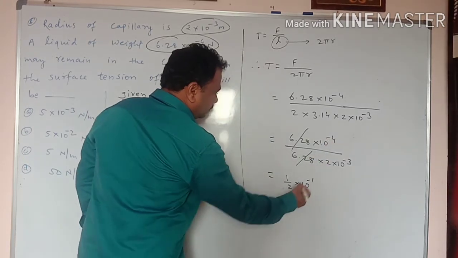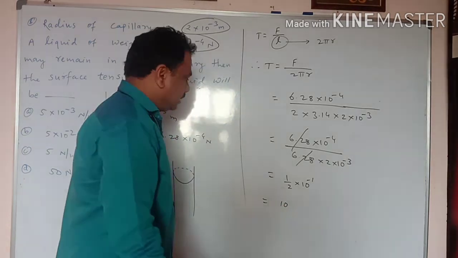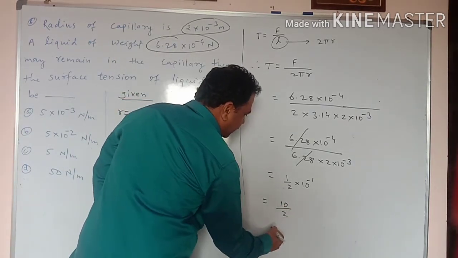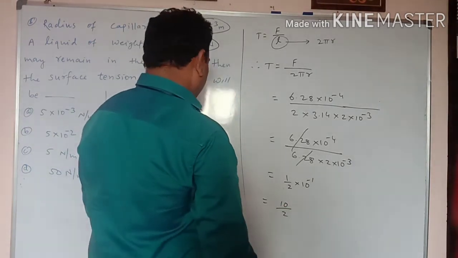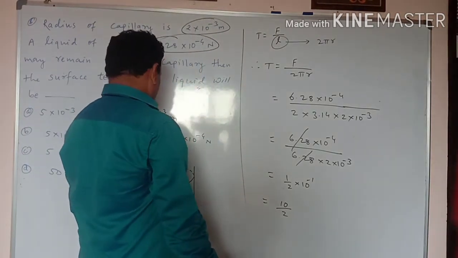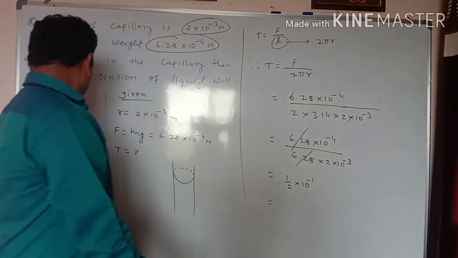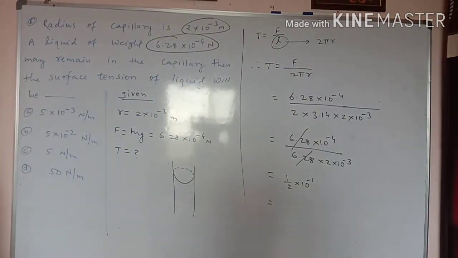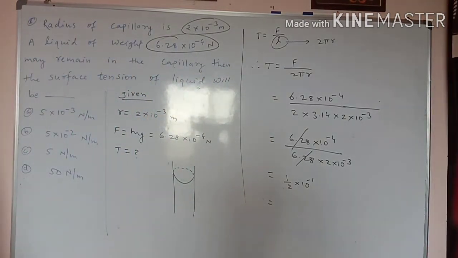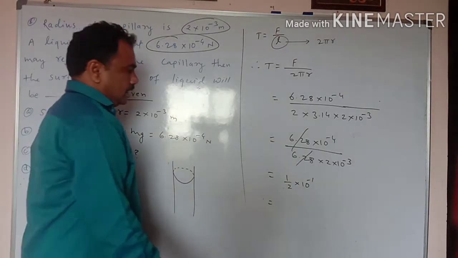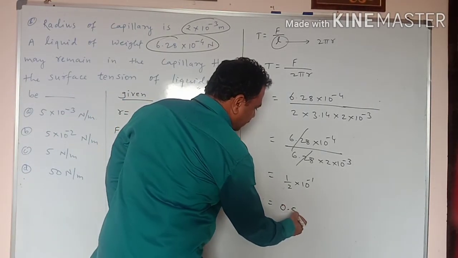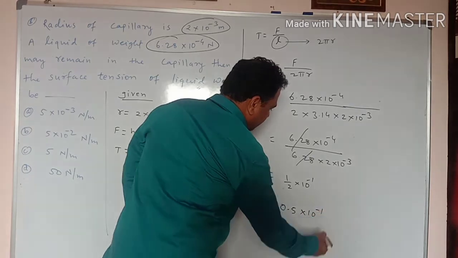So 1 by 2 into 10 to the power minus 1. We can calculate again here. See here, 1 by 2 means 0.5 into 10 to the power minus 1.